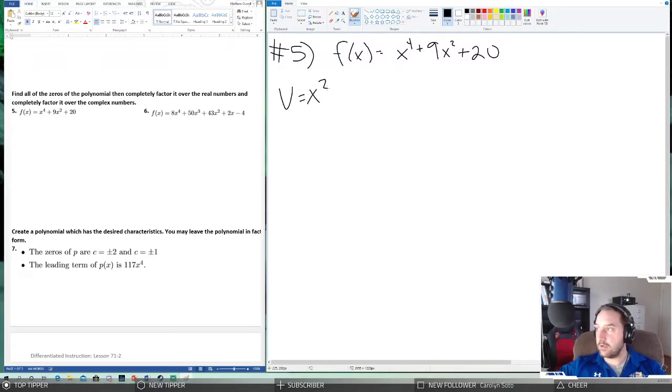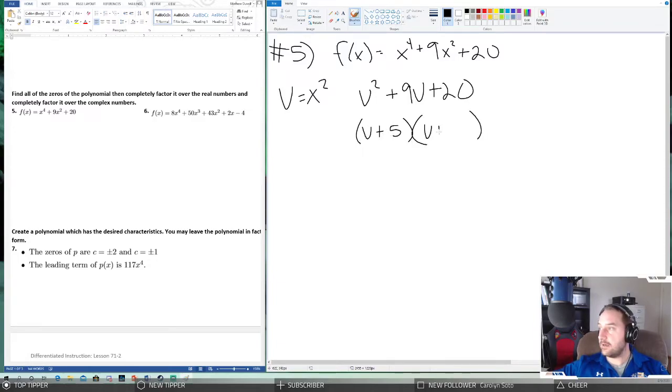If I say u equals x squared, I get u squared plus 9u plus 20. And this will factor into u plus 5 and u plus 4. Set each one equal to 0. U plus 4 equals 0. U equals -5, u equals -4.